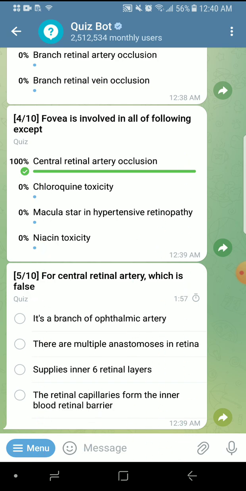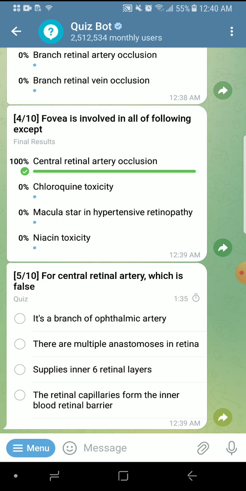Now, the central retinal artery is a branch of the ophthalmic artery. True, it's the first branch of the ophthalmic artery. It enters 1 centimeter behind the optic disc, goes through the center of the optic nerve, enters at the optic disc, and supplies the inner 6 layers of the retina. C option is correct. Even if you don't know about the B option, I also don't know.